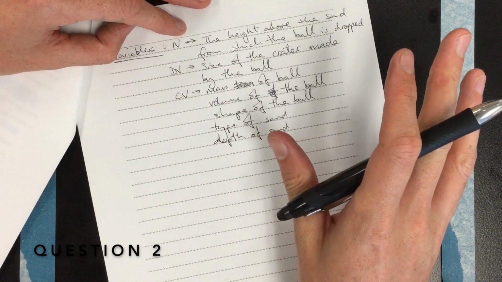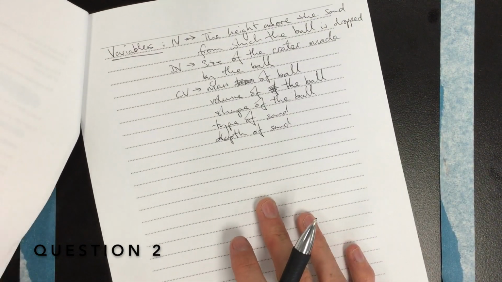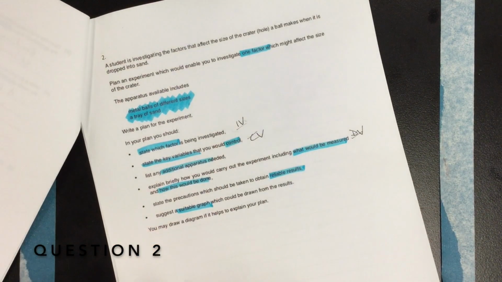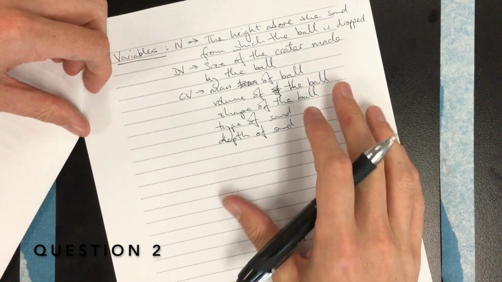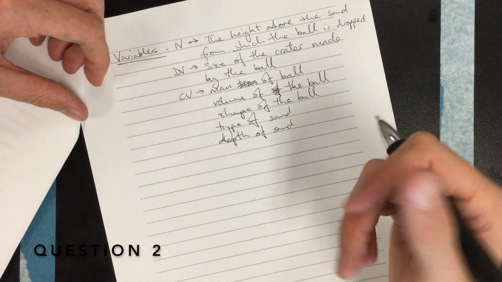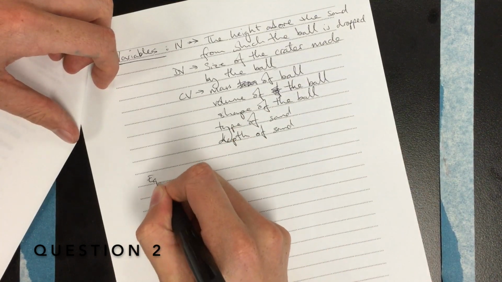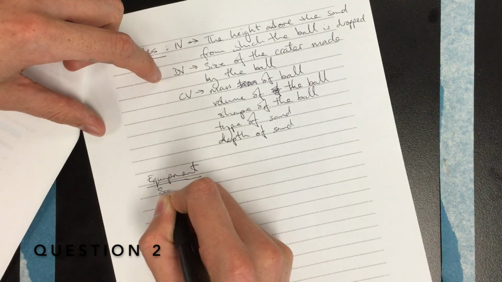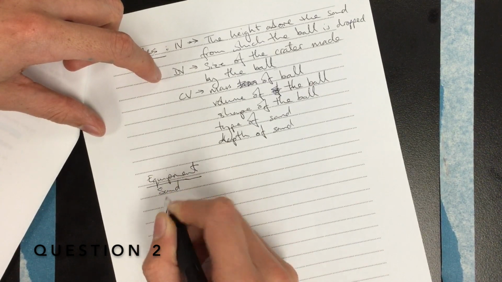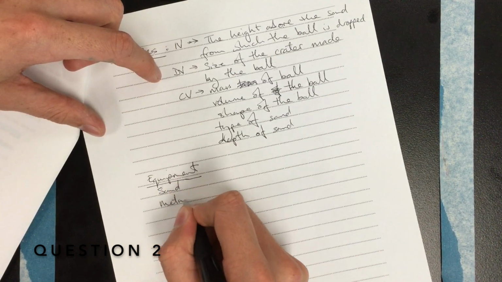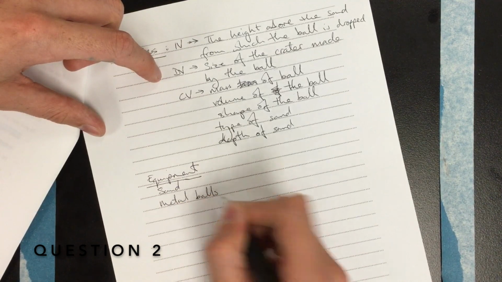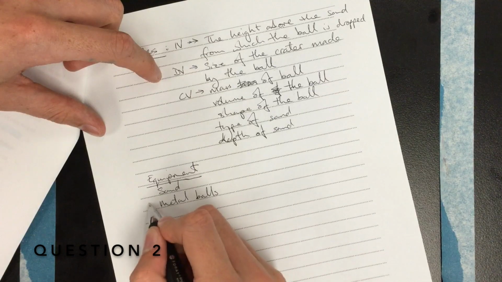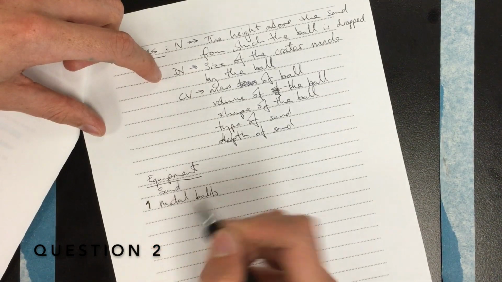So there's my variables. Next thing it asked for was the equipment I would need. So if I'm going to be dropping this ball from a set height, I need to know the height of it. So equipment: I know I need the sand, I need metal balls, and although there's a variety, I can say 1, because I only need 1 for this experiment.